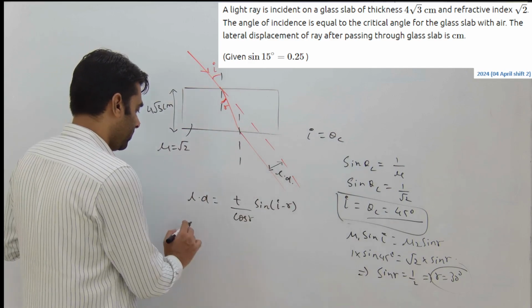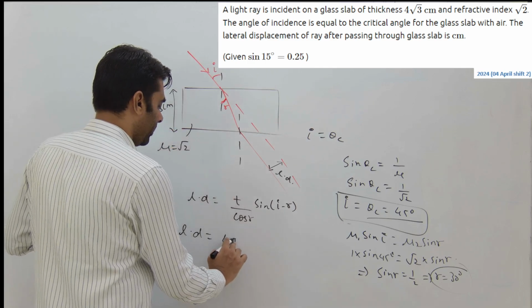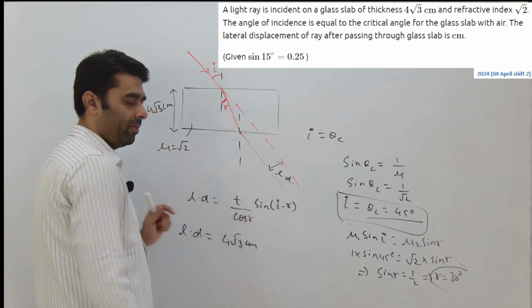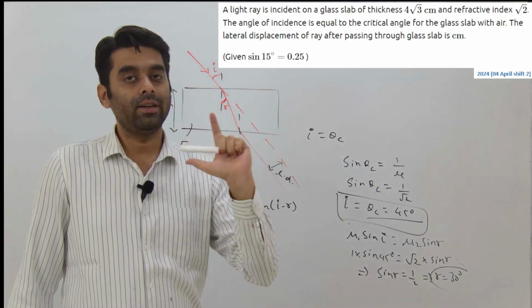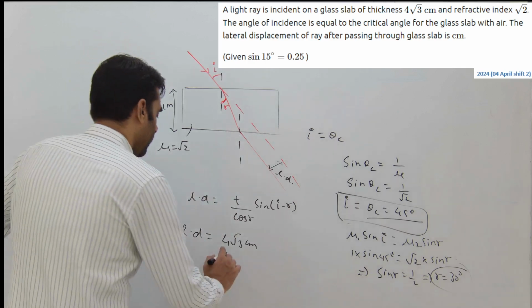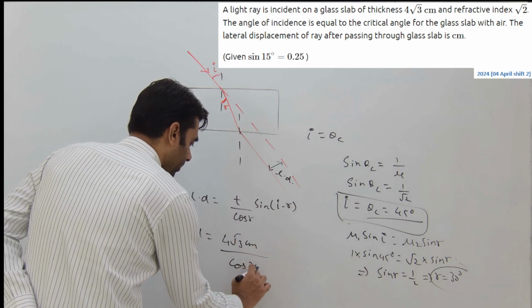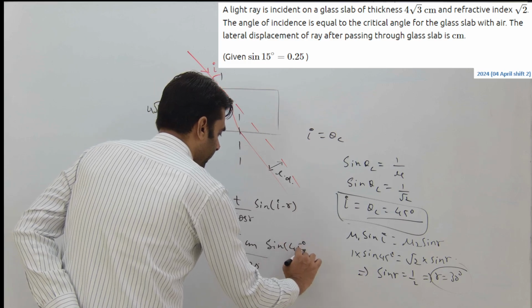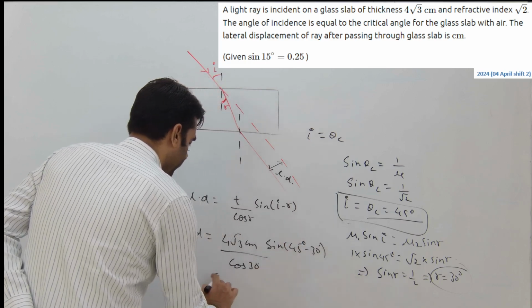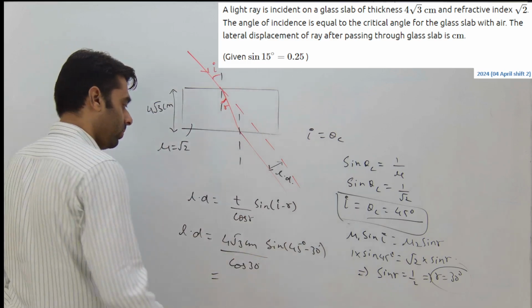Now let's substitute in our lateral displacement formula. T is 4√3 centimeter. We'll keep it as centimeter only because in the question also they have asked us LD in terms of centimeter. So cos R is cos 30, sine of 45 minus 30. 45 minus 30 will be 15, sine 15. In the question they have given us 0.25.